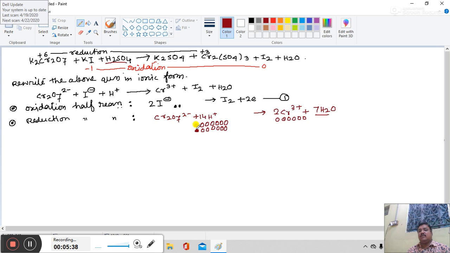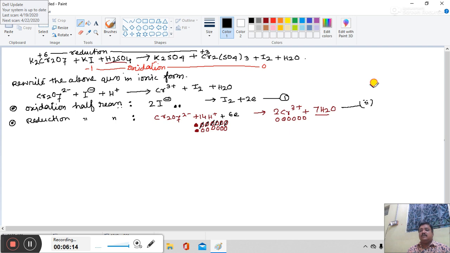After filling up 2 electrons, there is now a deficiency of 12 electrons on the left and a deficiency of 6 electrons on the right. So if we put 6 electrons on the left hand side, that is, write +6e on the left hand side, then charge balance will occur. Then the left hand side has a deficiency of 6 electrons, and the right hand side also has a deficiency of 6 electrons. In this way, we balance the charge of reaction 2.